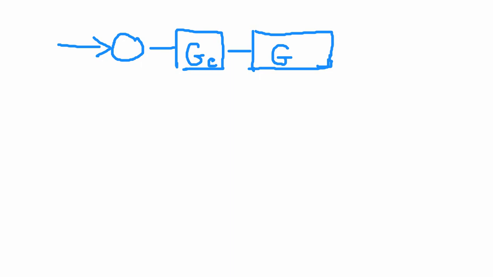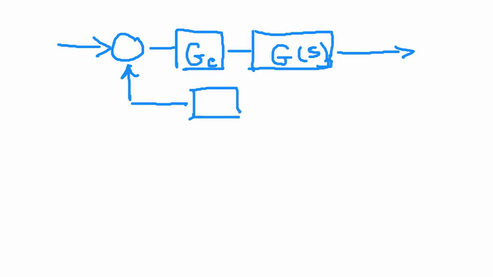Of course, we define those in S domain. Then we have an output. The output generally is controlled by a sensor which has got H(s).